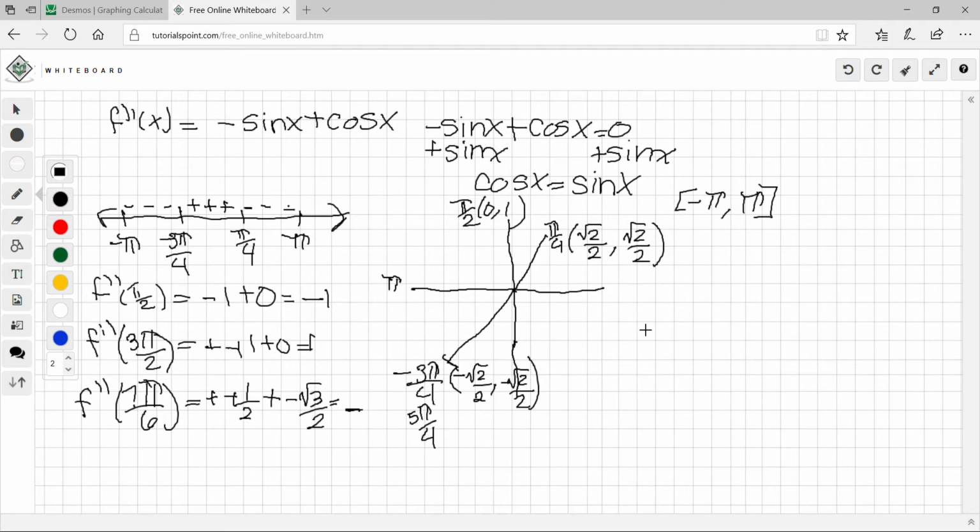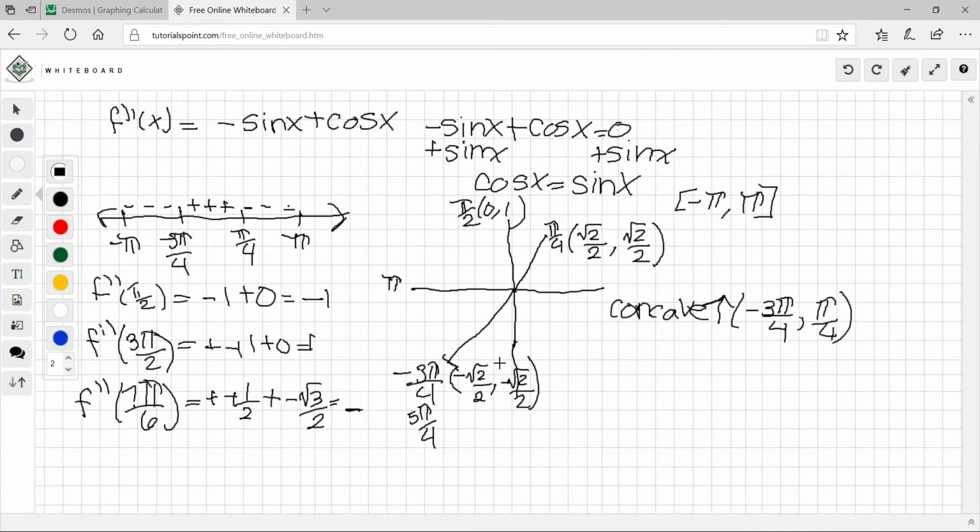Okay, so now we know concave up is wherever it's positive, so it's from negative 3 pi over 4 to pi fourth.